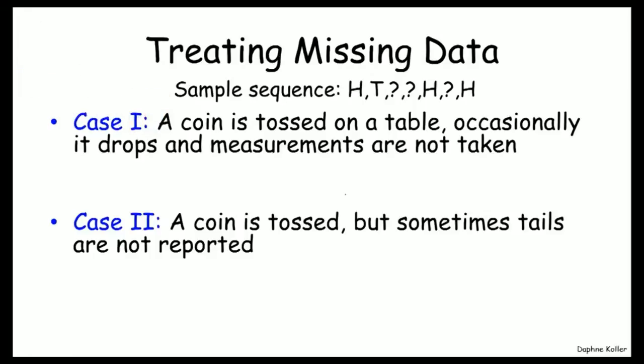Specifically, in the first case, we should probably just ignore the question marks and just learn from the sequence of observed instances, HT, HH, because the fact that the other ones are missing doesn't tell us anything about the coin. In case two, on the other hand, we can't really ignore the missing measurements. We need to learn from the sequence H, T, T, T, H, T, H, because ignoring the missing values is effectively ignoring something that is predominantly or entirely tails. And so we would get incorrect estimates if we just ignored them.